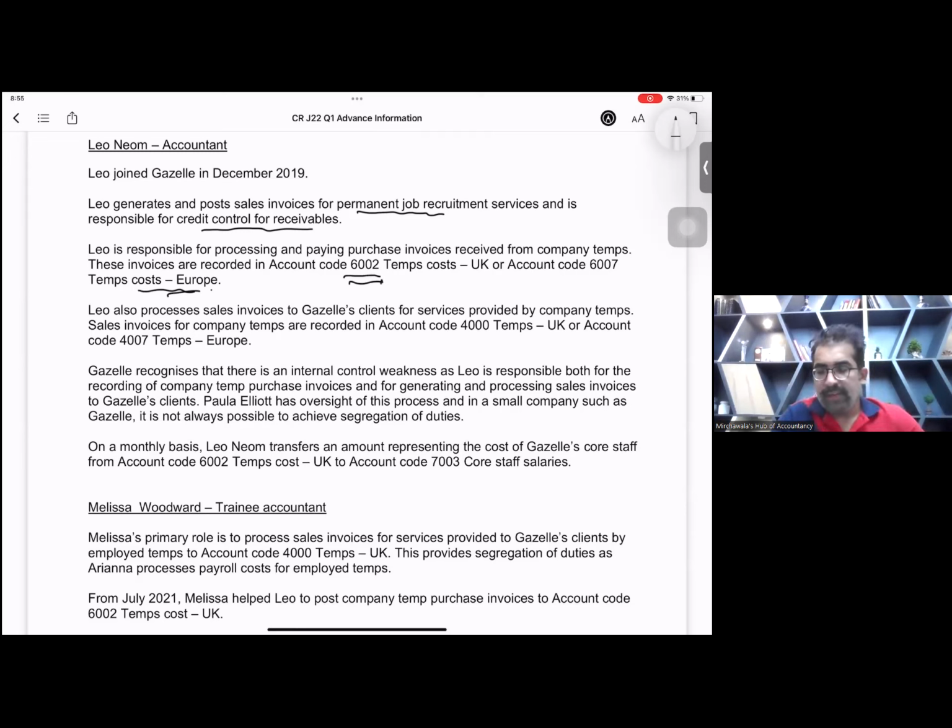So there is some sort of segregation of duties issue. Listen to me very carefully. Leo is responsible for these purchase invoices in company temps, because in company temps from one end we have to book purchases.